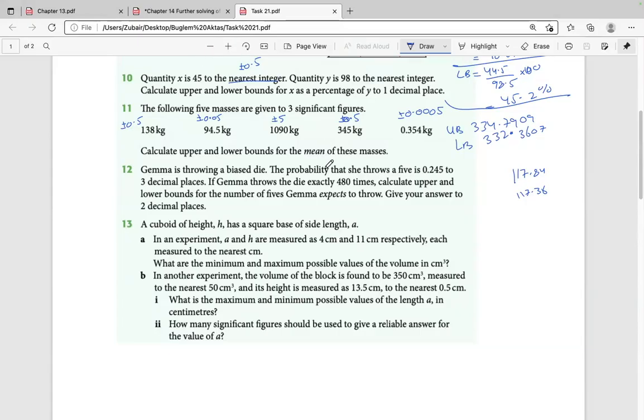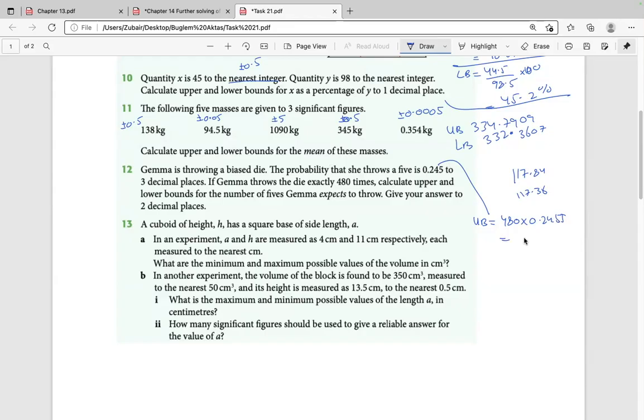So for the upper bound, I got 117.84, and the lower bound, 115.2.